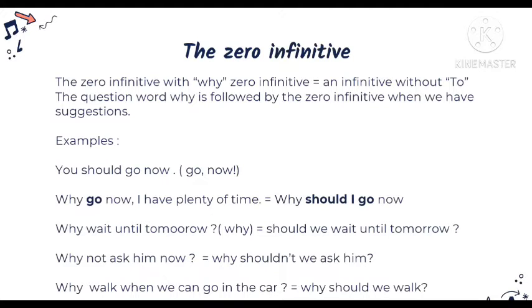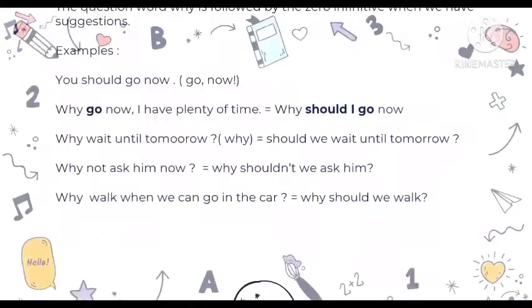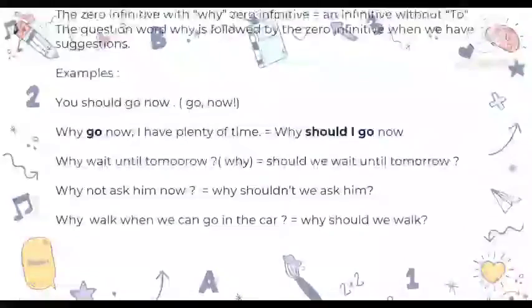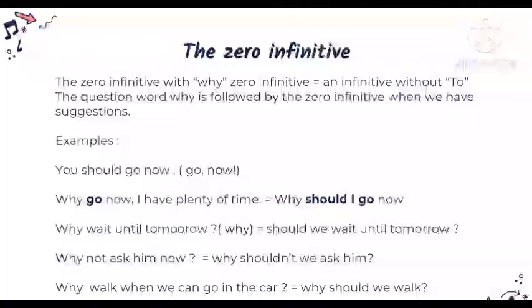So the zero infinitive with why. Zero infinitive equals an infinitive without to. From the example, you can see the question word why is followed by the zero infinitive when we have a suggestion like you should go now.